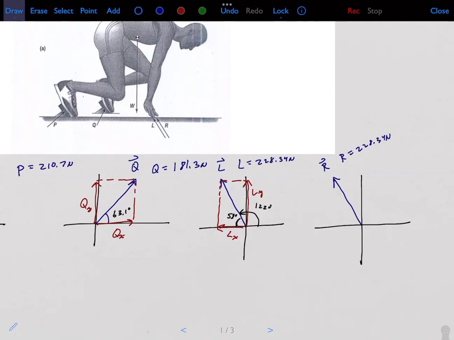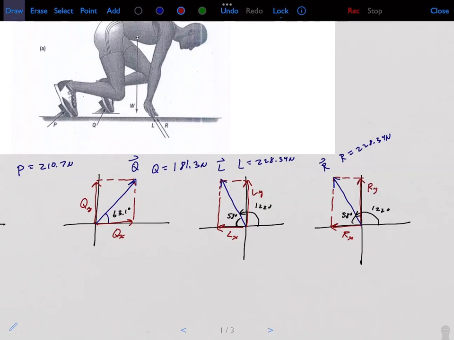So again, this is 122 degrees. But I'll just do the reference angle, which is 58 degrees. And then to find the components, we want the x component, Rx, and then the y component, Ry.